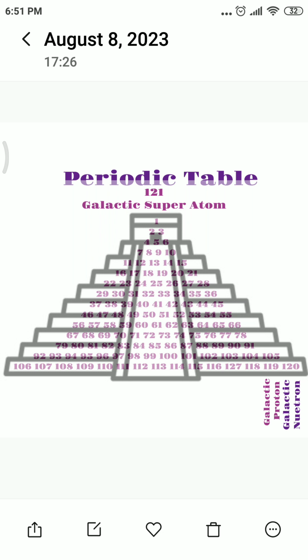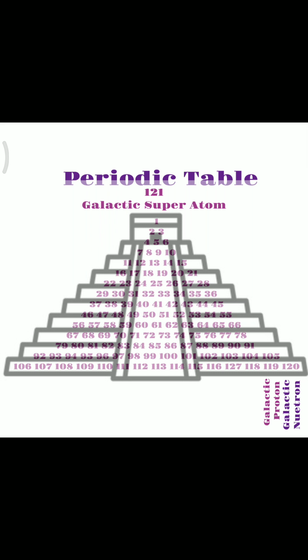The other way to put it is that there are 13 steps on each floor, meaning 13 into 7. 13 into 7 is also 91. So what exactly does it mean? It means that this pyramid represents our present solar system, where we have 7 planets, and those 7 planets have intermediate 13 stages.